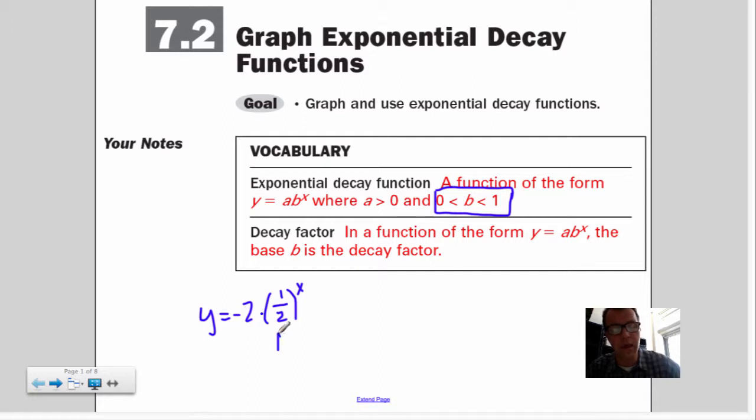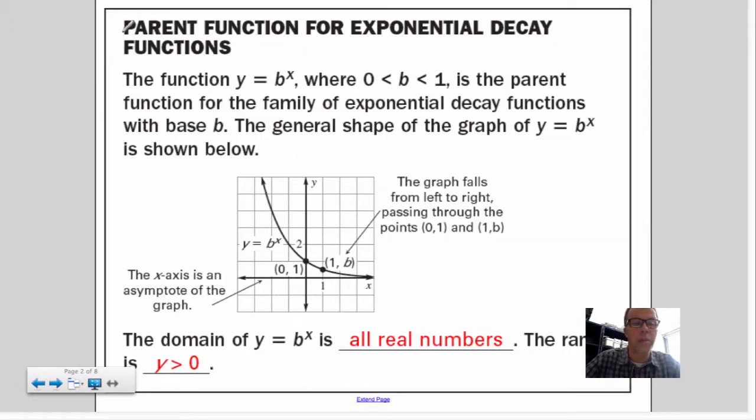Decay is that the number that's being raised to the power x is now less than 1 and greater than 0. Right? So there you have it. And this number is called the decay factor. And for exponential growth, like if this 1/2 had been 3/2, that would be growth, and that would be then called the growth factor.